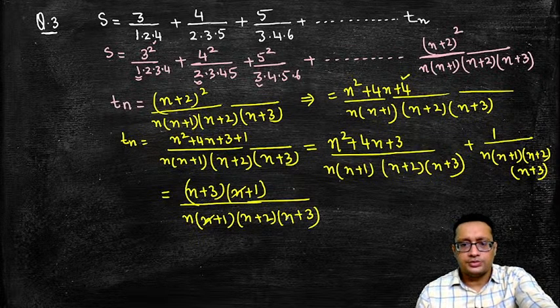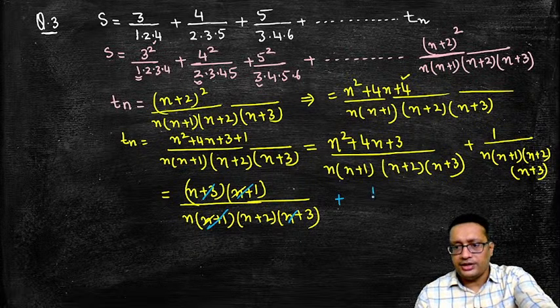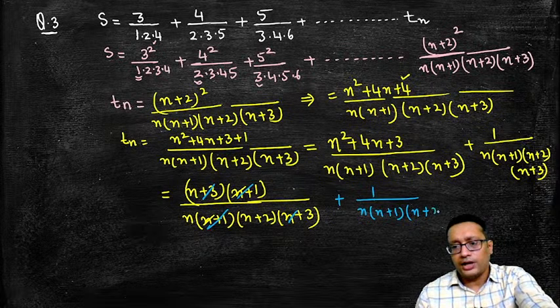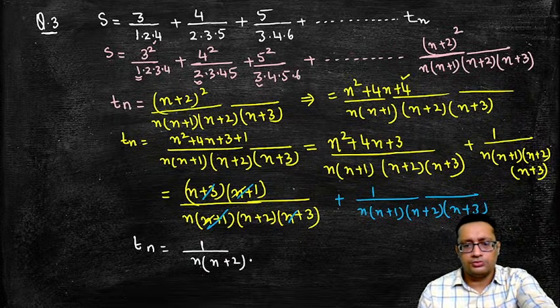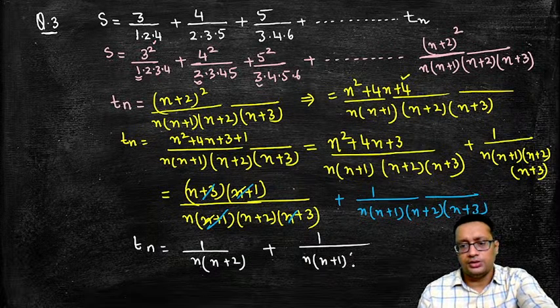This and this will get cancelled, and this and this, and remaining here is 1 upon n into n plus 2. So it becomes Tn equal to 1 upon n(n+2) plus 1 upon n(n+1)(n+2)(n+3).